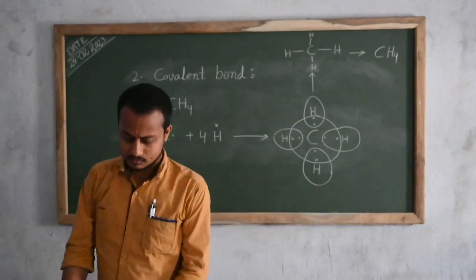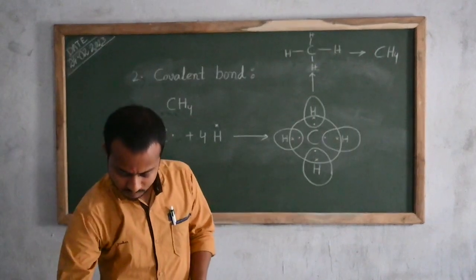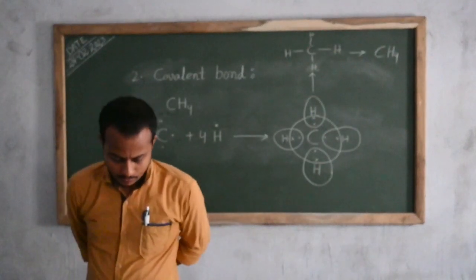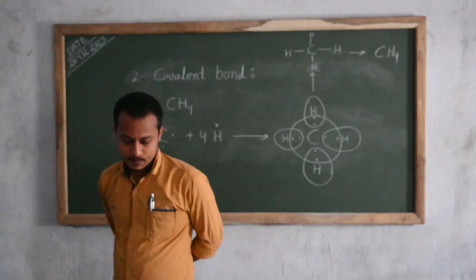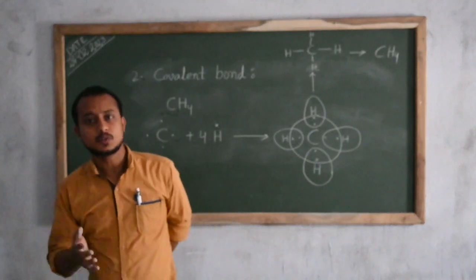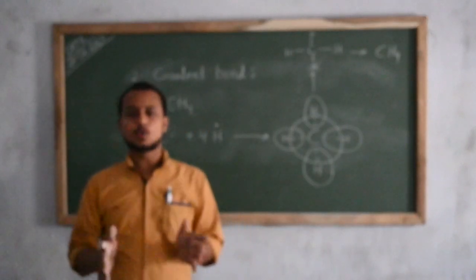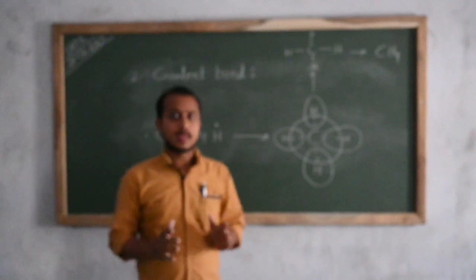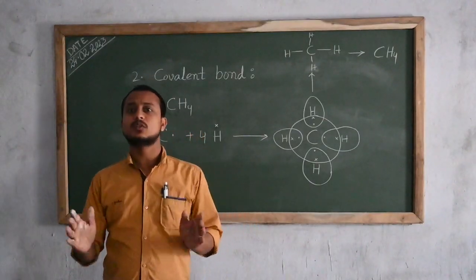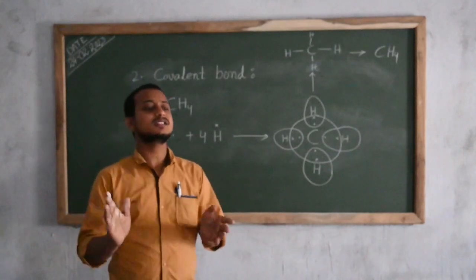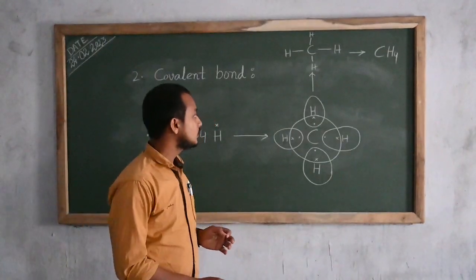Clear? A covalent bond is formed where 2 different atoms have the same or nearly the same electronegativity.